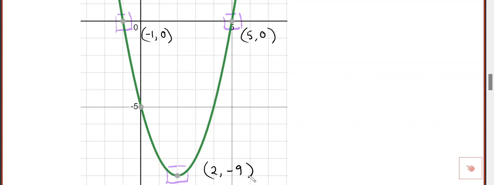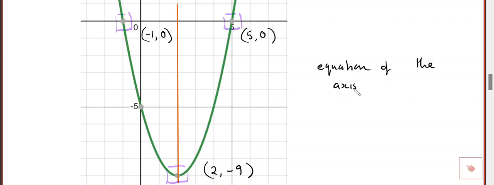Now, what we were hoping you would pick out is that if you take the axis of symmetry, going straight down the middle, the equation of the axis of symmetry is basically the x coordinate of the vertex.